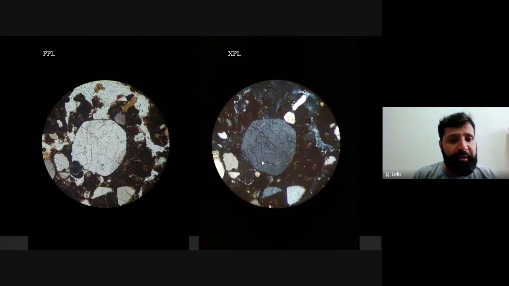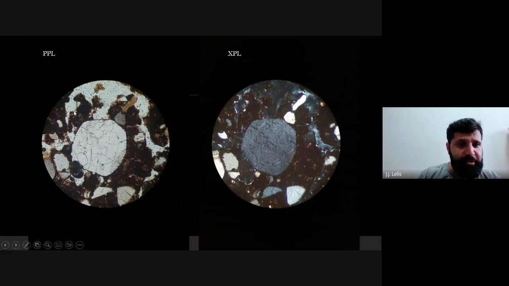So here we can see two pictures, with these rounded quartz grains that compose the coarse fraction, and we can see some quartz grains here too that are not so well rounded. But this dark color is related to the fine fraction. And it's very important that if I compare this picture and this picture, I can see the same color of this fine fraction here.